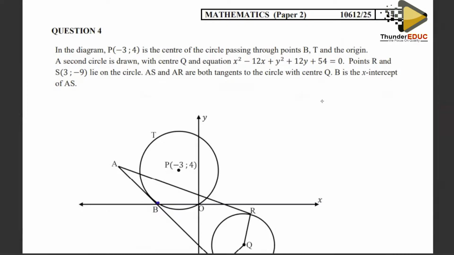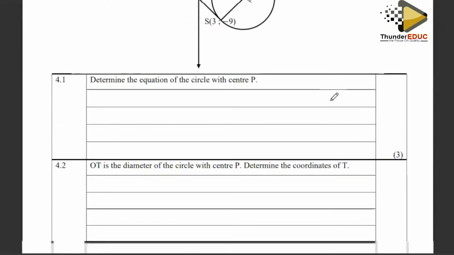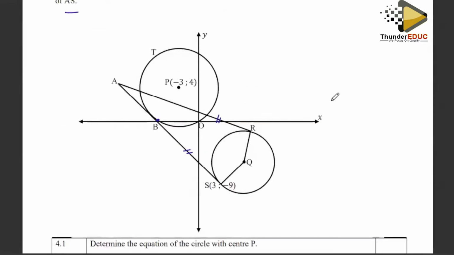And then a second circle Q is having this much of an equation. Points R and S lie on the circle. AS and AR are both tangents, so tangents from a common point must always be equal. B is the x-intercept, we saw that, of AS. All right. First things first, they want us to get the equation of P.